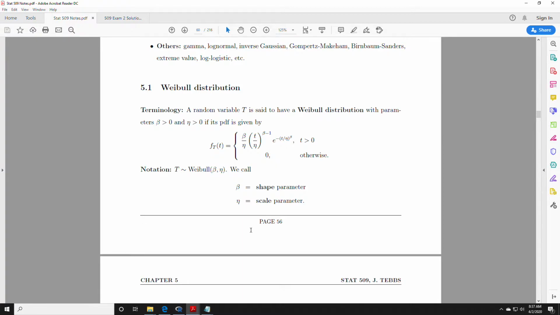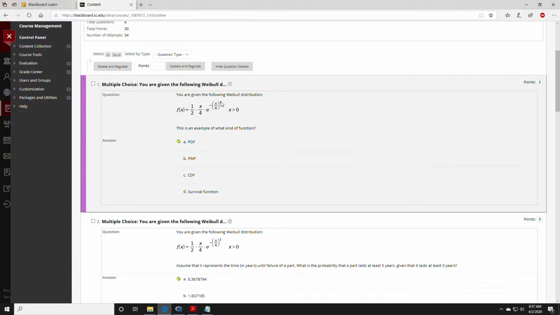Okay, so one thing, it looks like the shape is 2 and the scale is 4, but notice right here we have 1/2, which hopefully didn't fool you, but of course that's just 2 divided by 4, but the shape is still 2 and the scale is 4. Scale is 4, shape is 2, 2 minus 1, right?